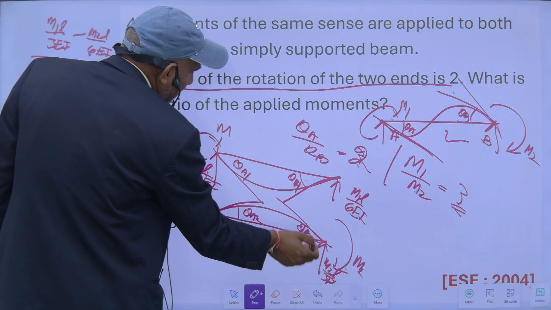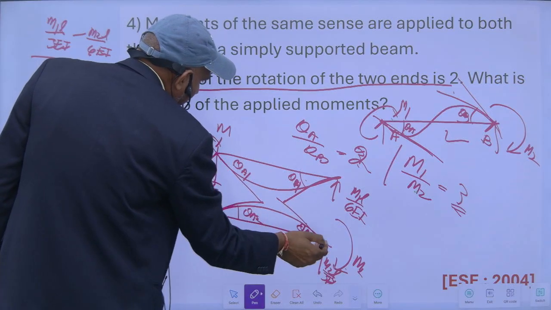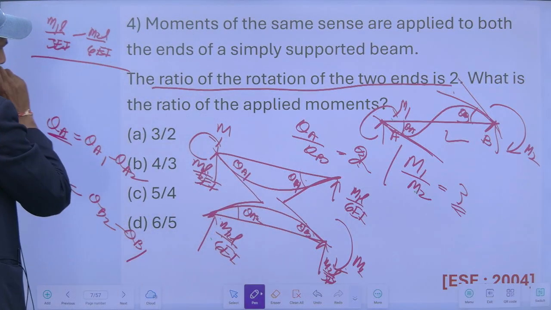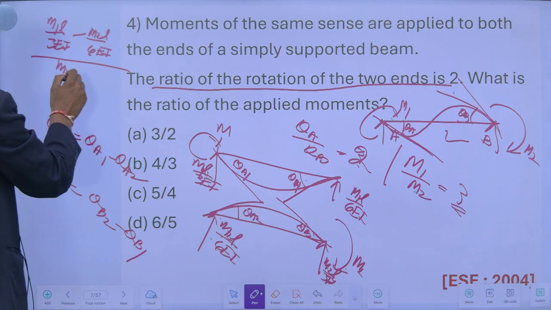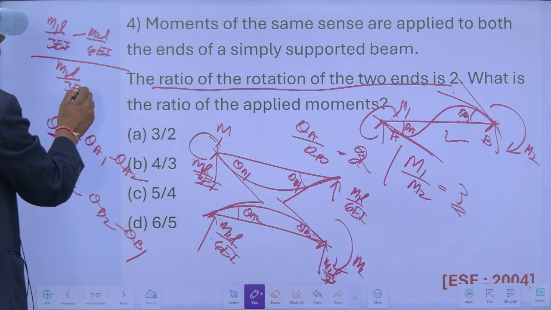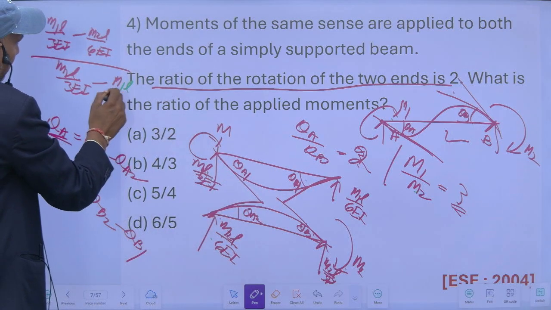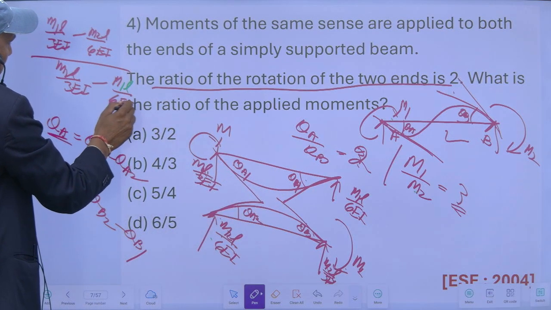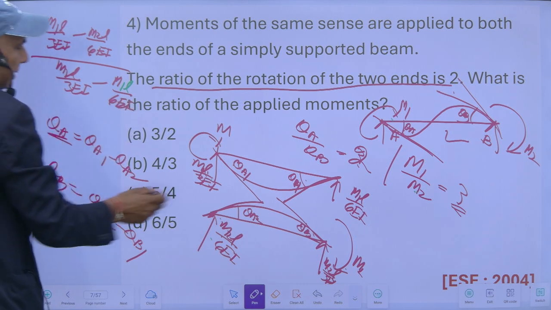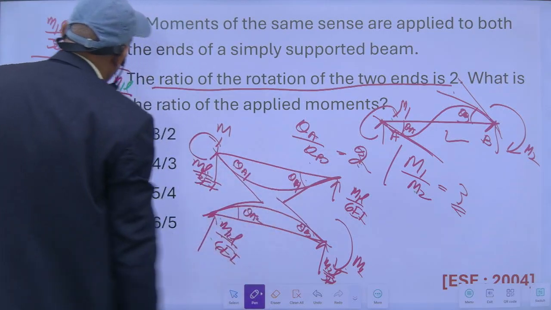Theta B will be this minus this. This is more, so it will be M2 L upon 3EI minus M1 L upon 6EI. This will be theta B, and theta A upon theta B is equal to 2.